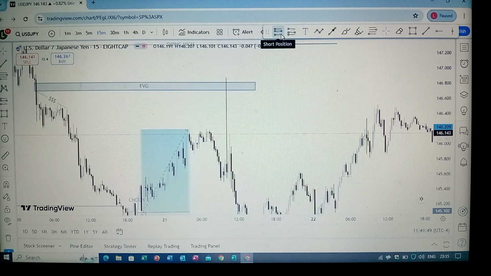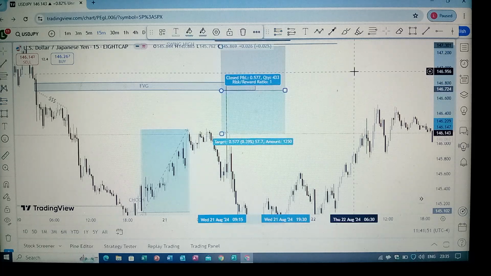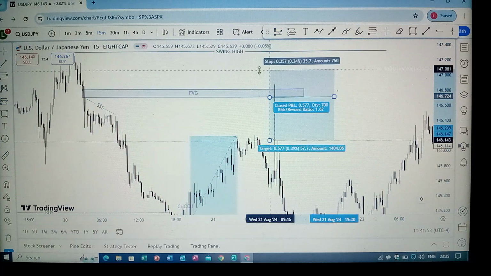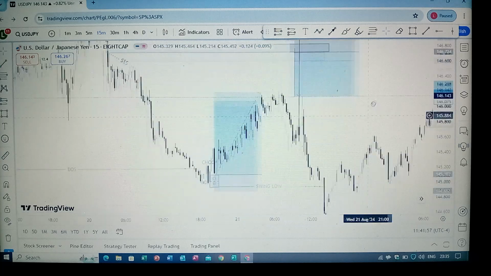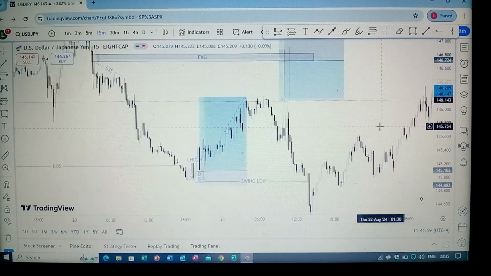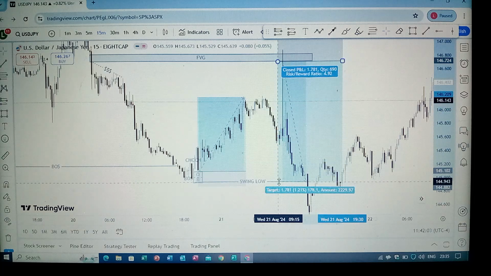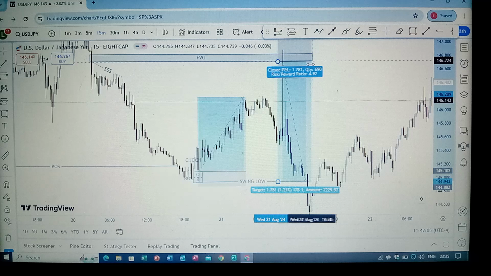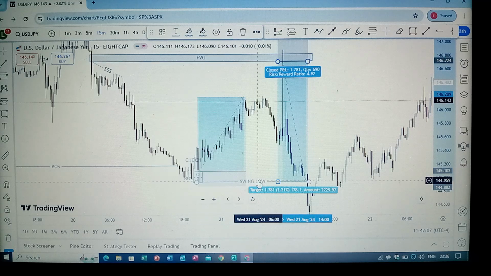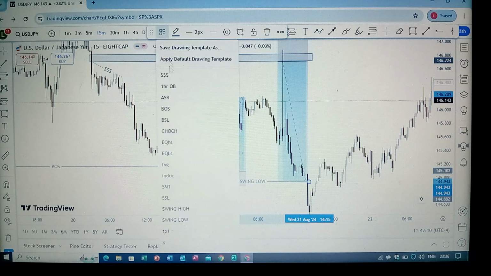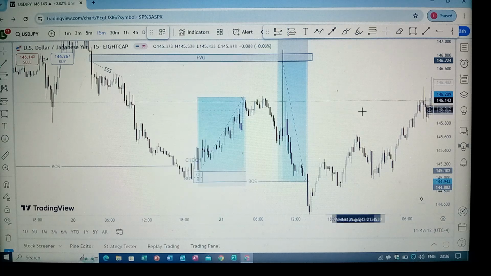I took a position there. I put my stops just above, just for spread, guys, and I targeted my swing low. Simple, easy setup, nice, clean, and all that good stuff. So eventually broke structure. Right?